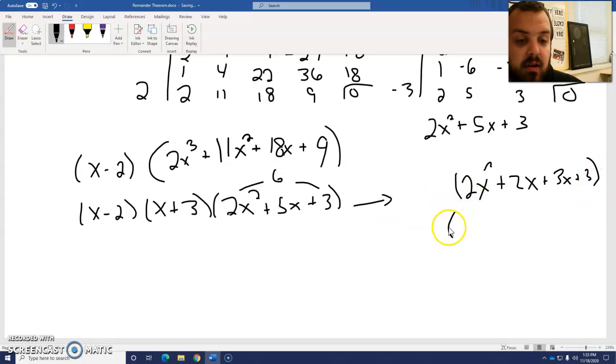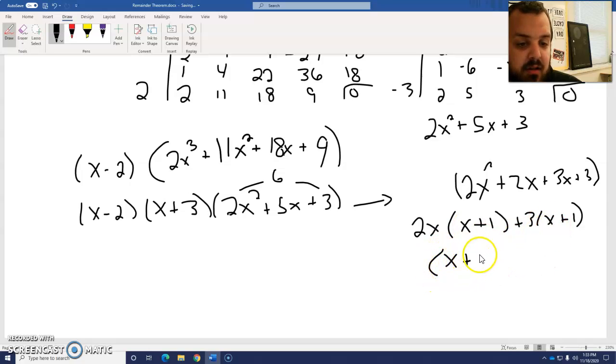So over here, we're going to take out a 2x and be left with an x plus 1. And then over here, I'm going to take out a 3 and be left with an x plus 1. I notice that I have x plus 1 in both spots, so I'm going to factor that out and get x plus 1 times 2x plus 3.